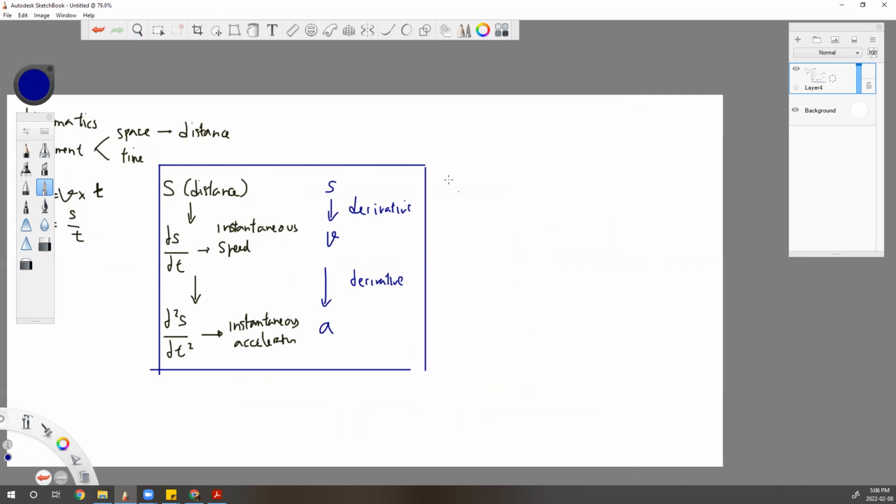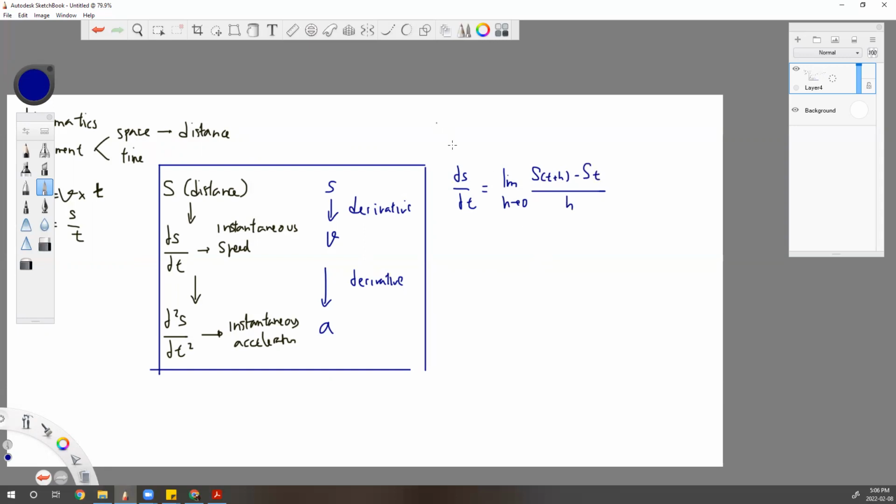Remember, ds over dt is equal to the limit as h approaches 0 of s(t plus h) minus s(t) over h.